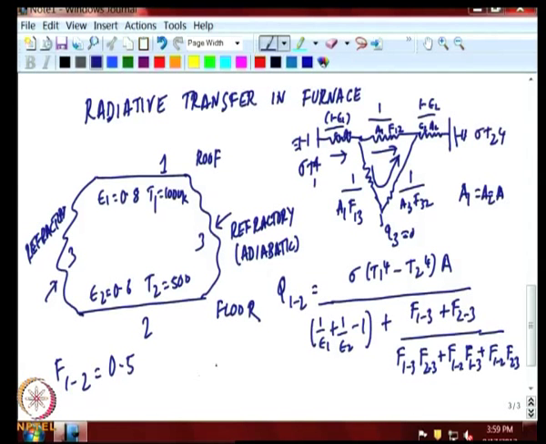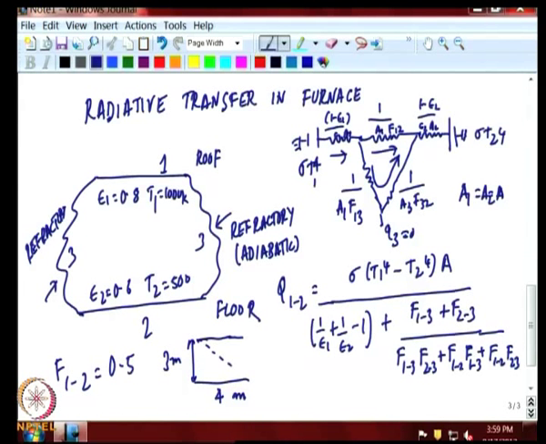That you can see very easily, because the distance between the two plates is 3 meters, and this is 4 meters, and this is 3 meters, the gap.